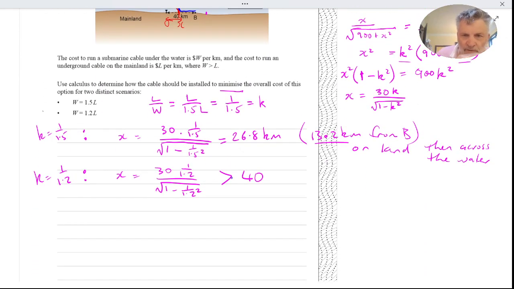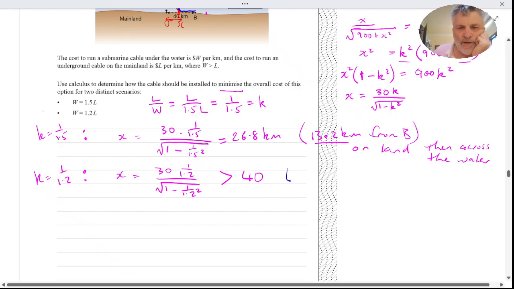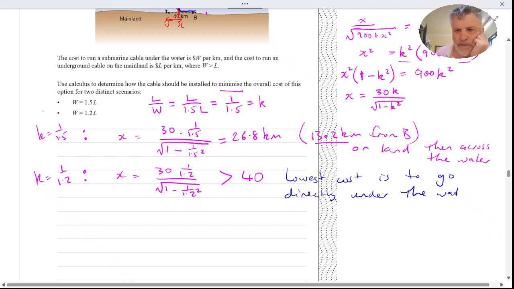So what's happening here is the mathematical formula, without that condition that x had to be less than 40, was contributing a negative cost by going in the opposite direction. So when this is the case, that means the lowest cost is to go directly under the water. Don't go anywhere along the land.